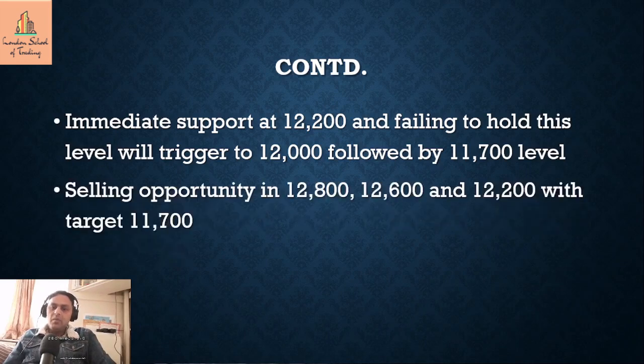Selling opportunity at 12,800 level. If it reaches that level, you'll have a good selling opportunity there. 12,600 level will be another selling opportunity, and 12,200 level is also another selling opportunity, and the target will be 11,700.